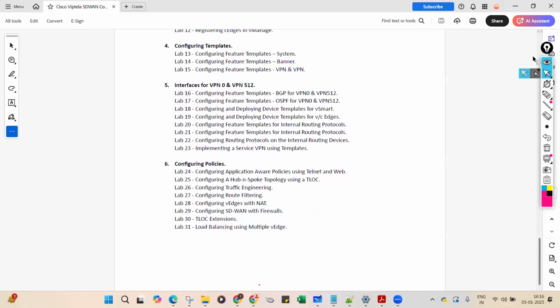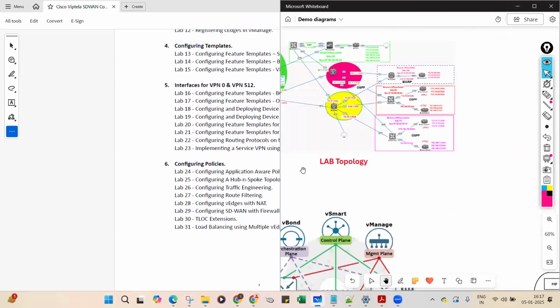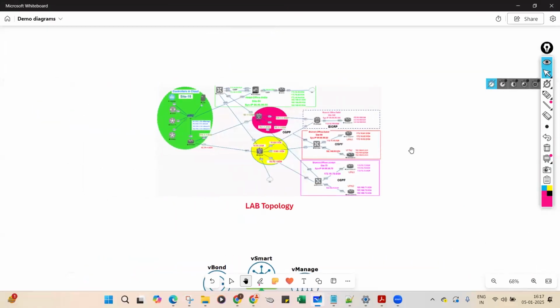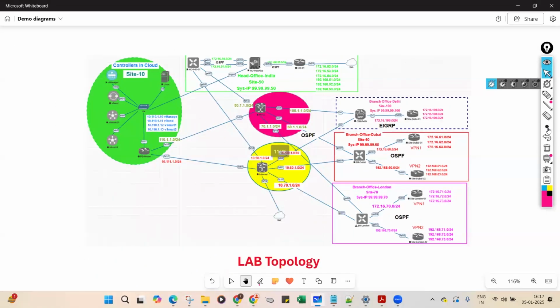Let me show you the lab that we are going to use for this particular course. This is the lab that we are going to use in this course.